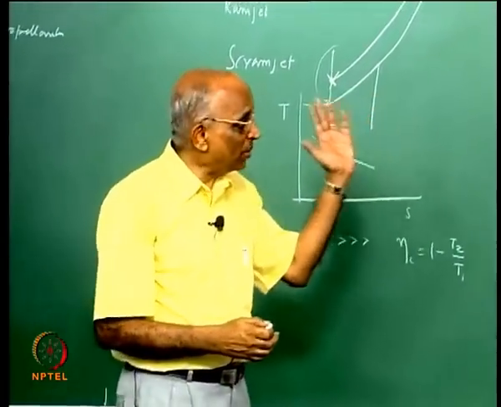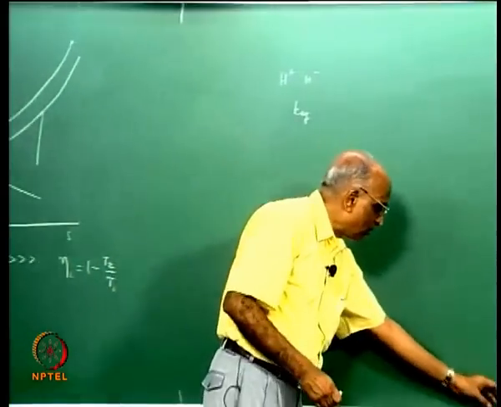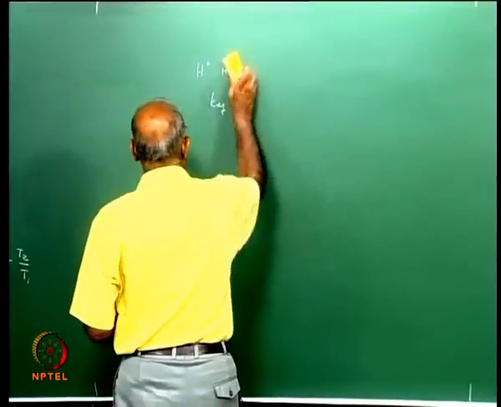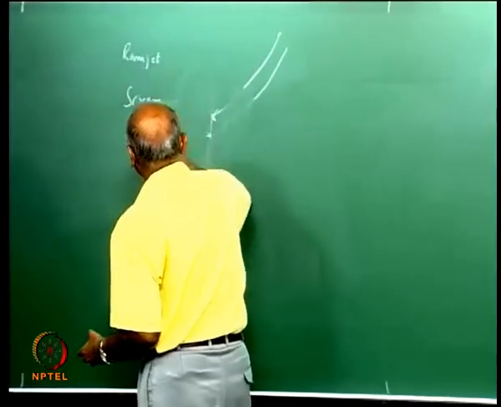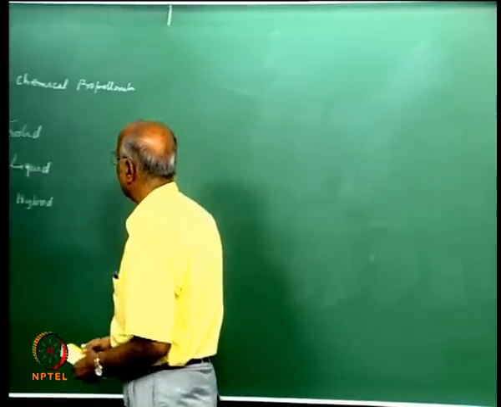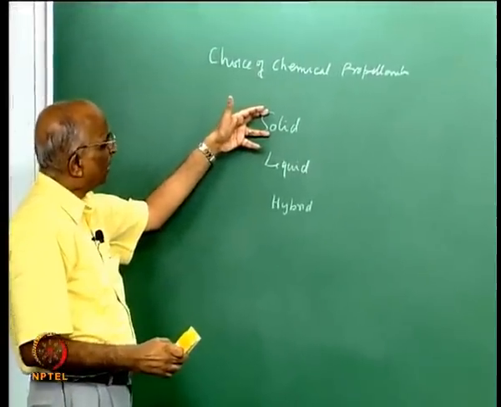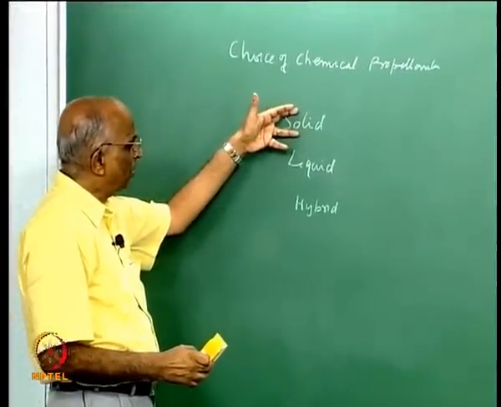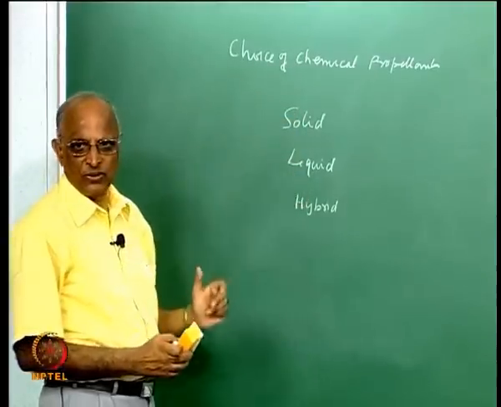I think we must learn to do these things, and maybe we should do it in the project which each one of us will be doing on dissociation, right. Having said that, let's keep the focus of this class very clear. We want to examine the different choice of chemicals which can be used for solid propellants, liquid propellants, hybrid propellants.